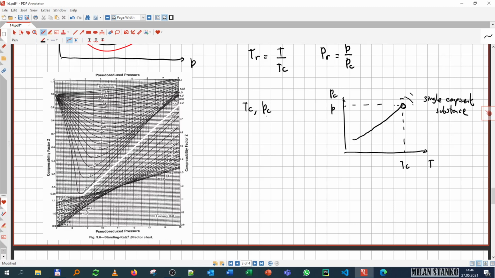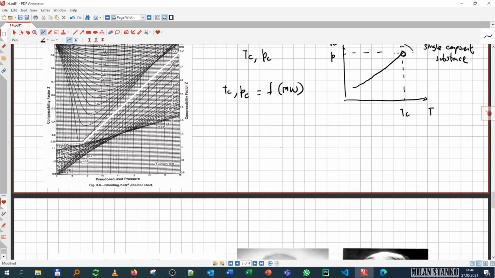So we can put these two, Tc and Pc, as a function of the molecular weight of the substance. It's very seldom the case that my gas is made up of only one component; actually it's going to be made out of several components. For example, you typically have a gas composition: the component, and then the mole fraction.